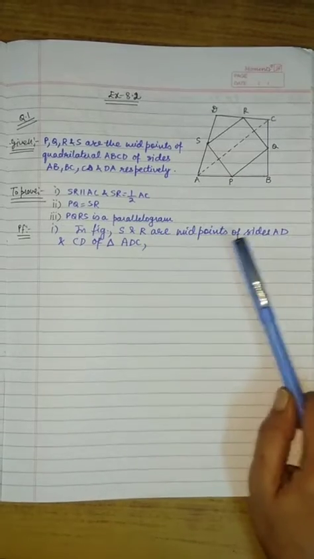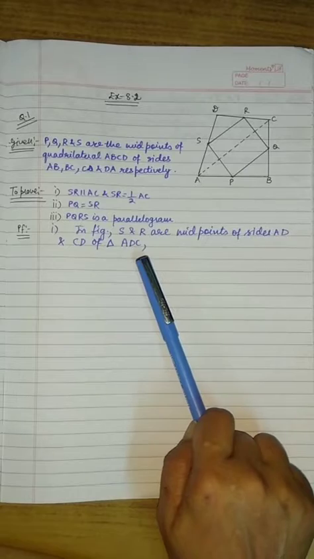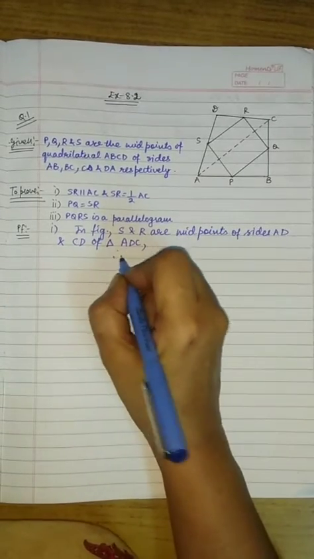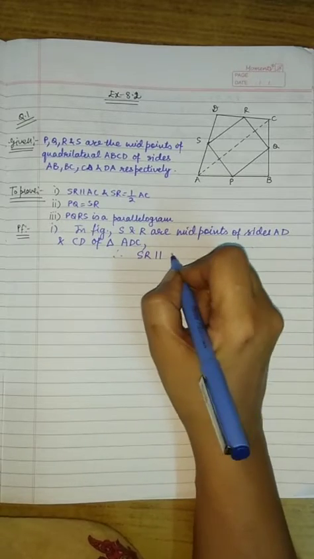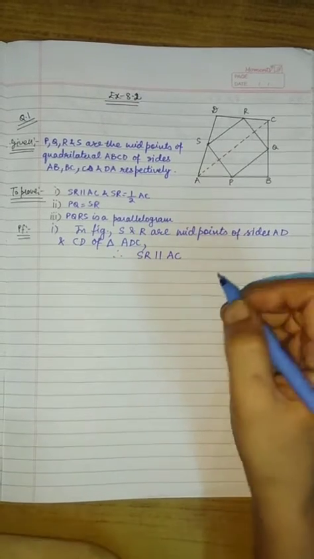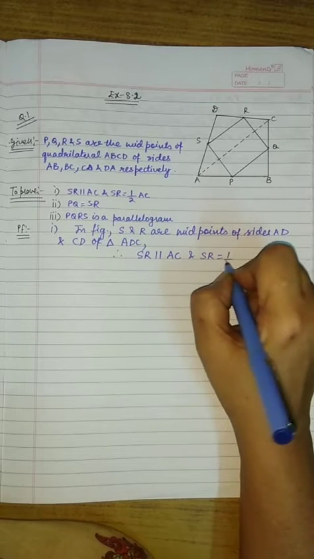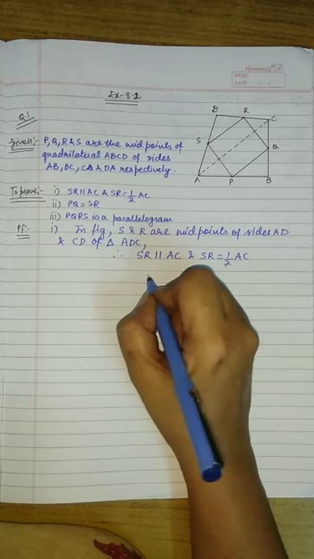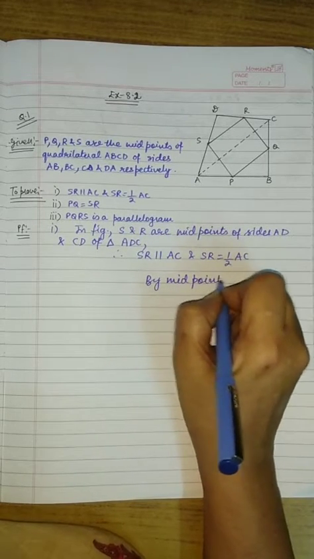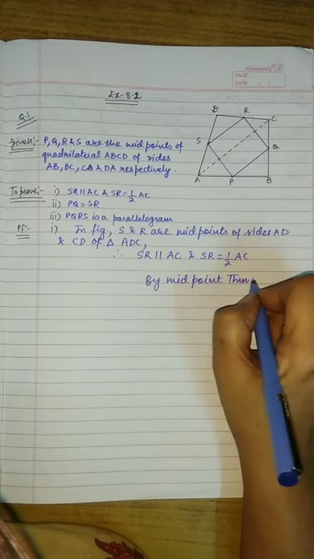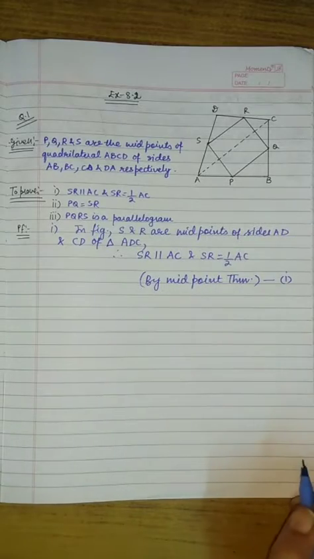S and R are the midpoints of sides AD and CD of triangle ADC. Therefore, SR is parallel to AC and SR is half of AC by midpoint theorem. Let this equation be number 1.